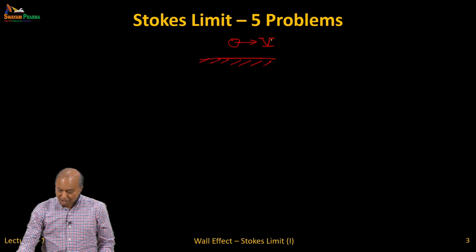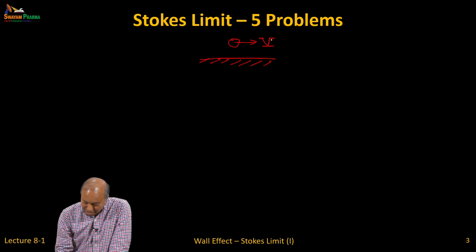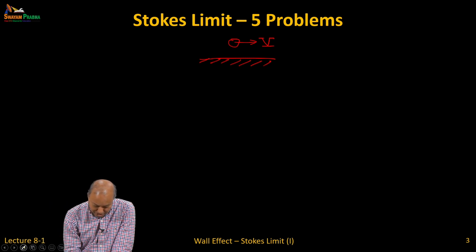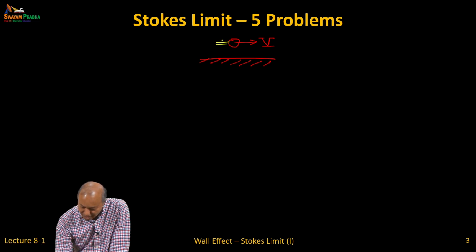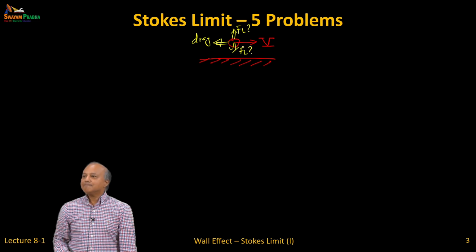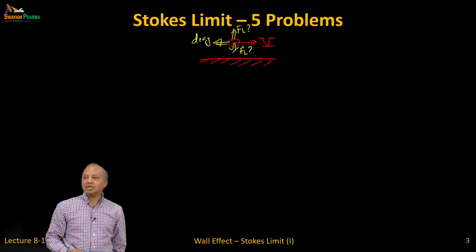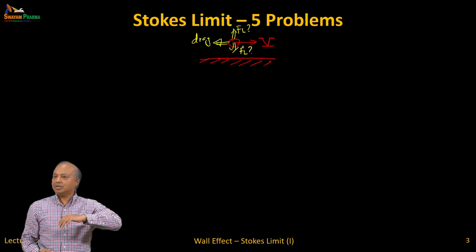So because of the wall, if you look in terms of the forces, there will be a drag force, but there will also be a lift force. I don't know whether it's up or down. Typically it's up, but under certain conditions it could be down also.